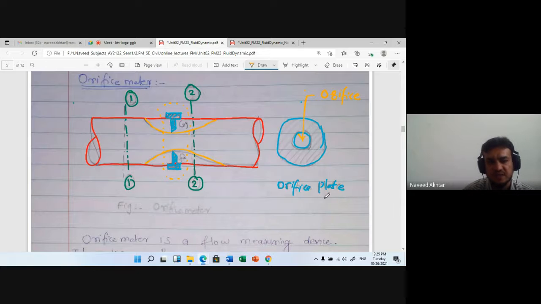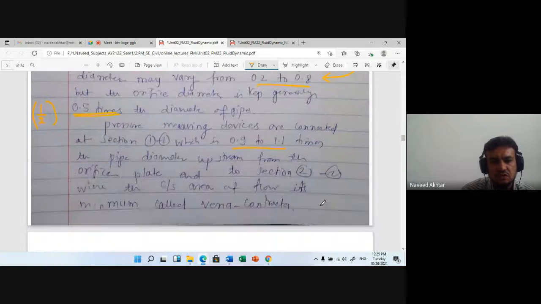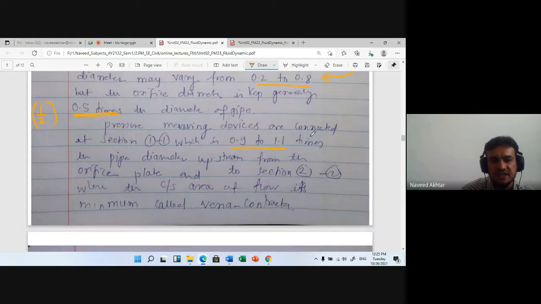This is your orifice plate, which is installed here. So section 1 is before that plate, called the upstream side.